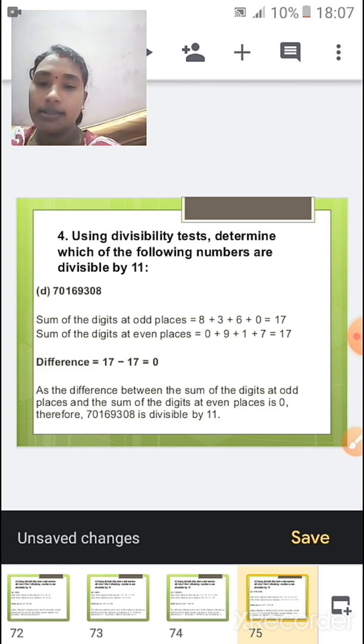When you are adding 9 plus 1 plus 7 gives you 17. So 17 minus 17 will give you 0. So as the difference between the sum of the digits at odd places and the sum of the digits at the even places is 0, therefore the number 7 crore 1 lakh 69,308 is divisible by 11.